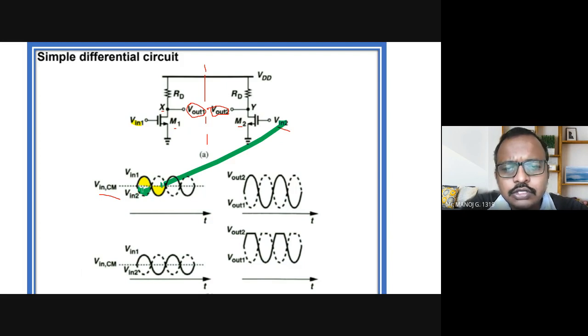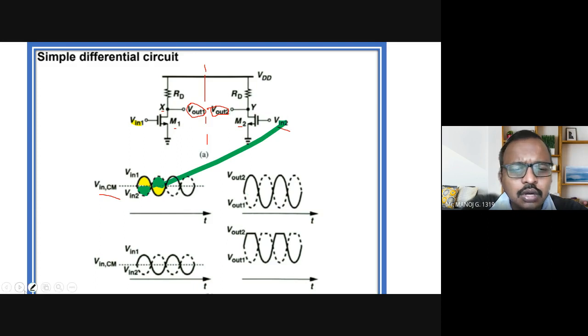Now these two signals are given in such a fashion that they are a differential signal. Last class we saw the properties of a differential signal and how it is to be represented, right? So when you give a differential input with the CM mode, common mode, then you get an output.